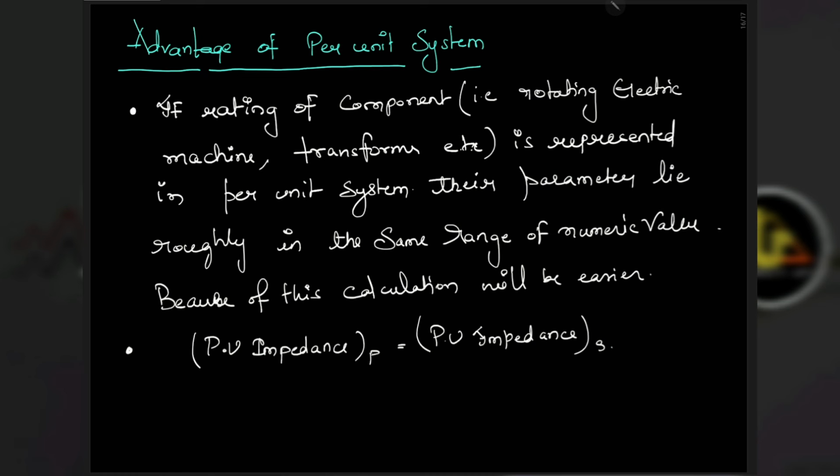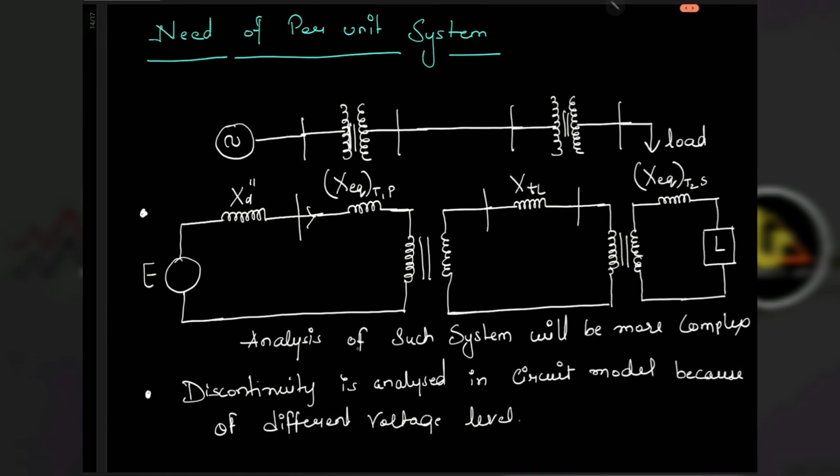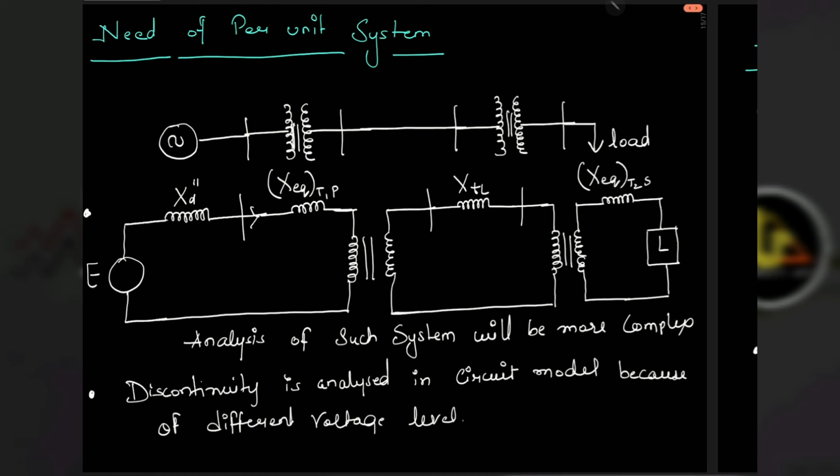So the impedance value will be the same whether you represent it in the primary side or secondary side. So if the impedance value is the same, you can connect this network into a single network.